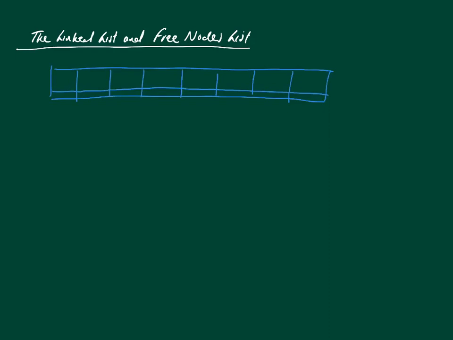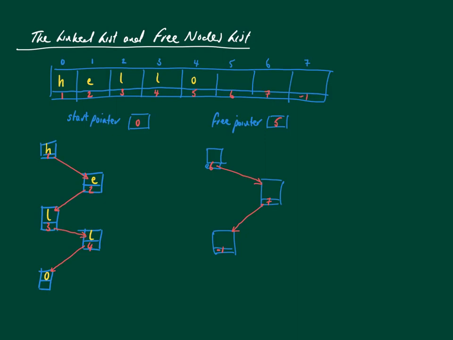Before we describe the functions that you can now perform on your linked list, we have to introduce the idea of the linked list, but also the free nodes list. In fact, we've created two linked lists here: the one which will hold the values, and the one which holds no values, as in a list of nodes which are currently empty.